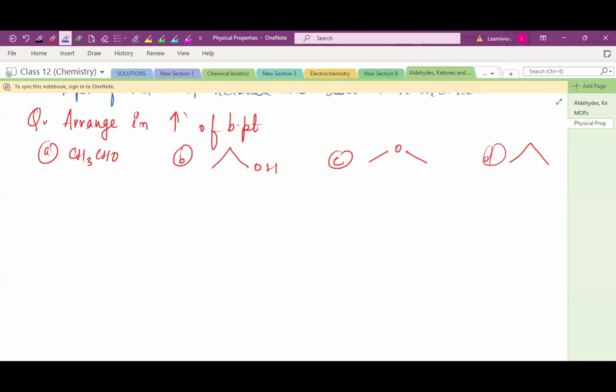First one is C, according to Jupiter. Okay, C has the highest boiling point according to you, right?